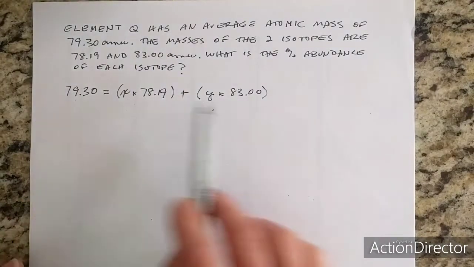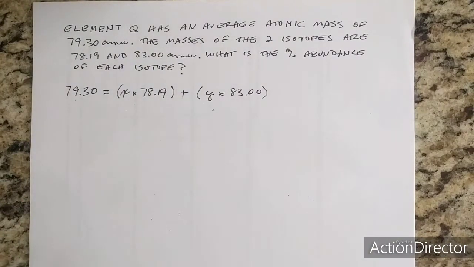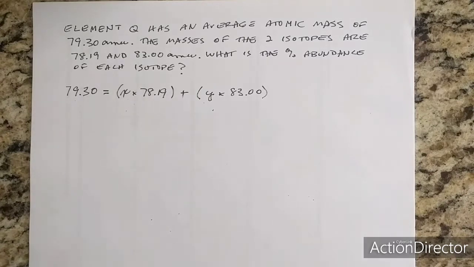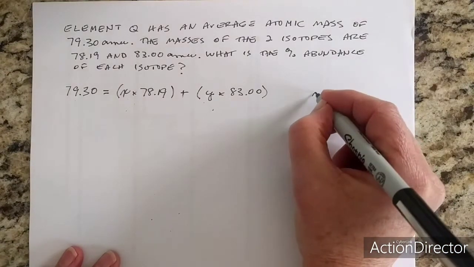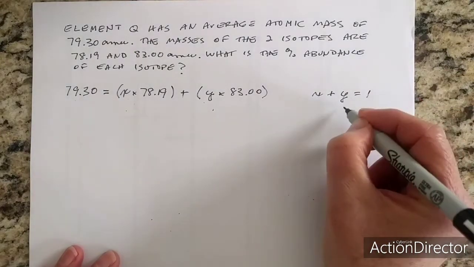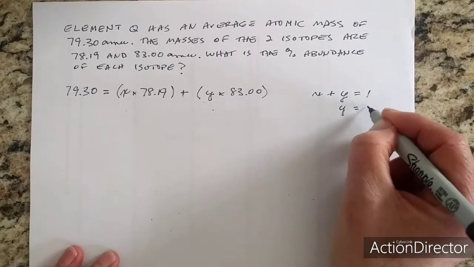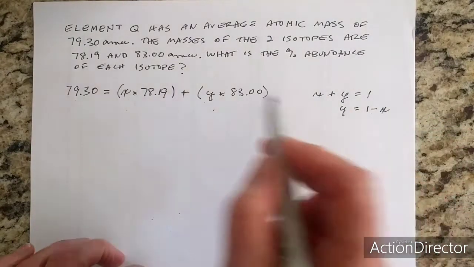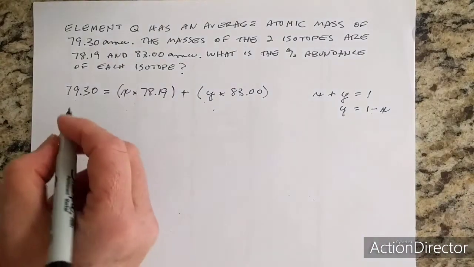So now we have an equation with two variables. So we need to see if there is a relationship between those two variables, and of course there is. Our percents have to add up to 100%, so that means our decimal percents have to add up to 1. So X plus Y has to equal 1. So that means that Y has to equal 1 minus X.